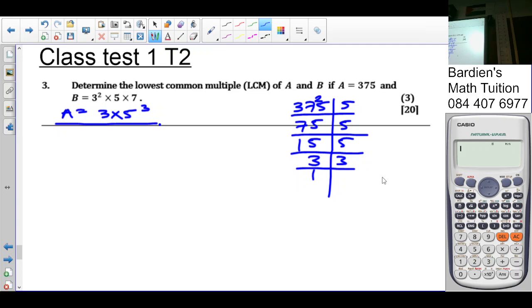For the HCF, the highest common factor, the base must occur in all of it, and we take the lowest exponent. You'll see now what I'm talking about, okay?